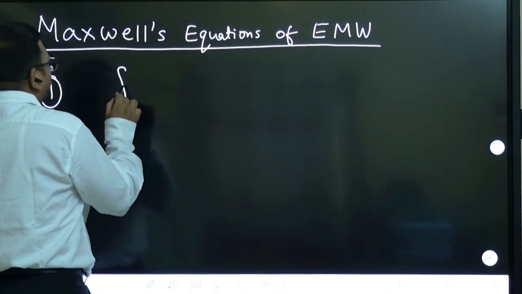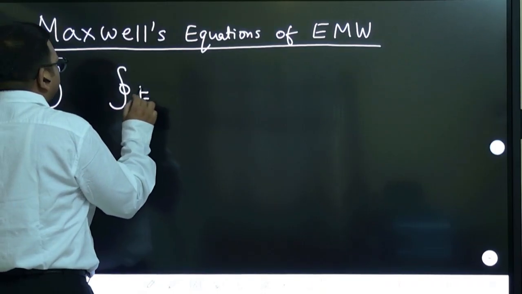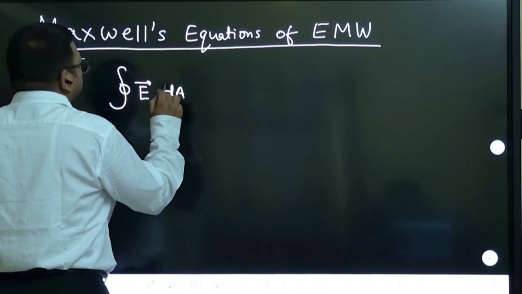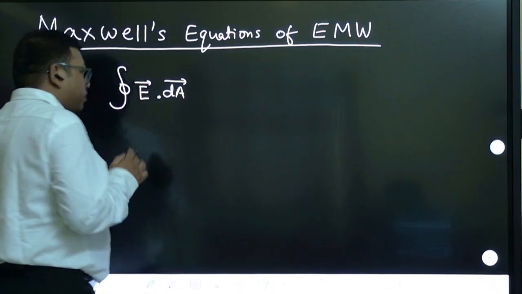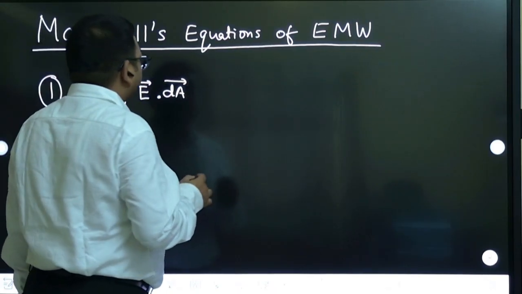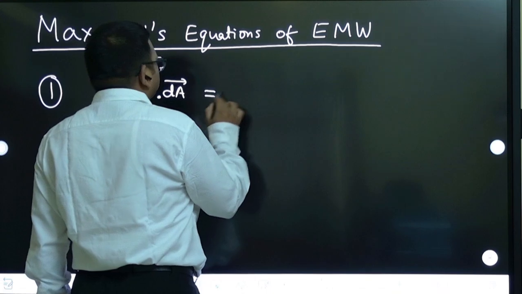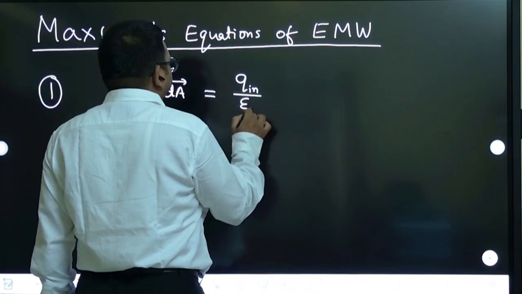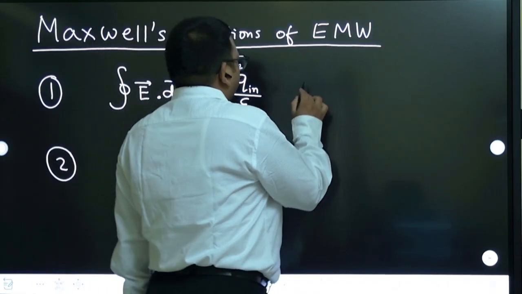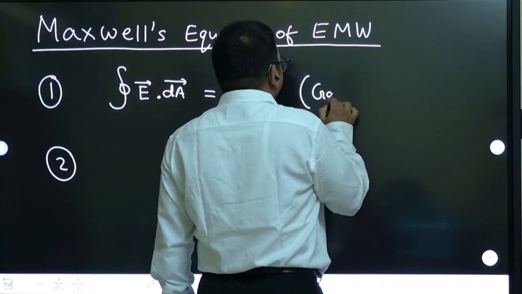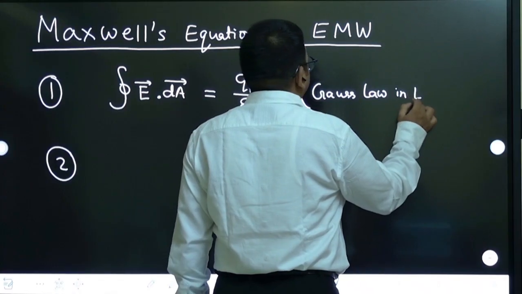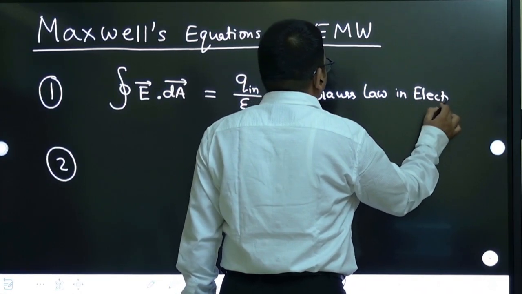If you apply it to the electric field, E dot dA, this is nothing but the electric flux through a closed surface, which is equal to the charge inside divided by epsilon naught. This is Gauss law in electricity, or electrostatics.